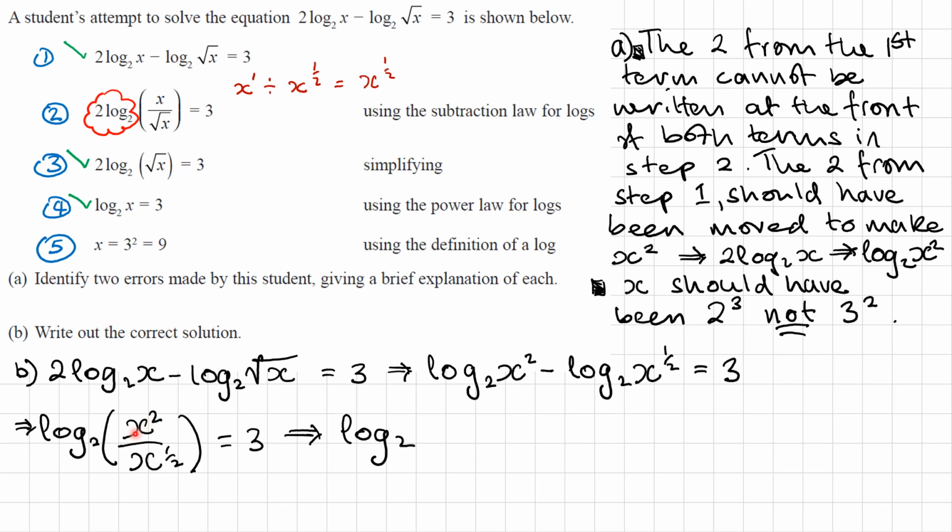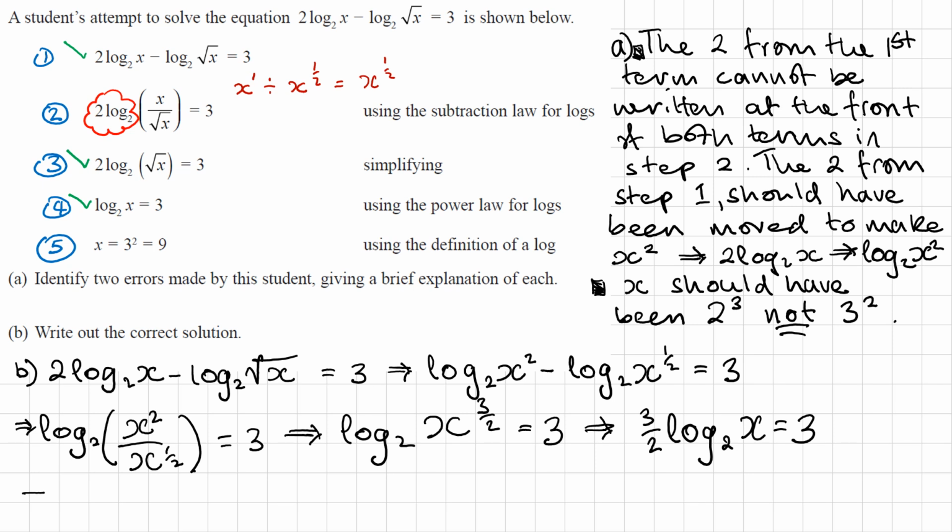So 2 minus a half will give me x to the power 1.5, 3 over 2, is equal to 3. I'm now going to move the 3 over 2, which is here, to the front. So I'll have 3 over 2 log base 2 of x is equal to 3.